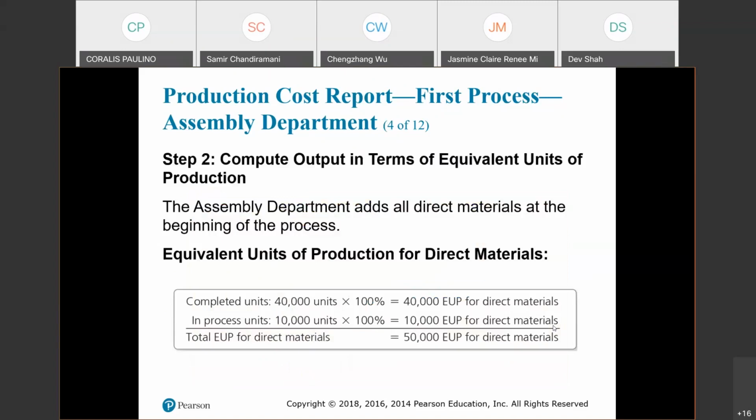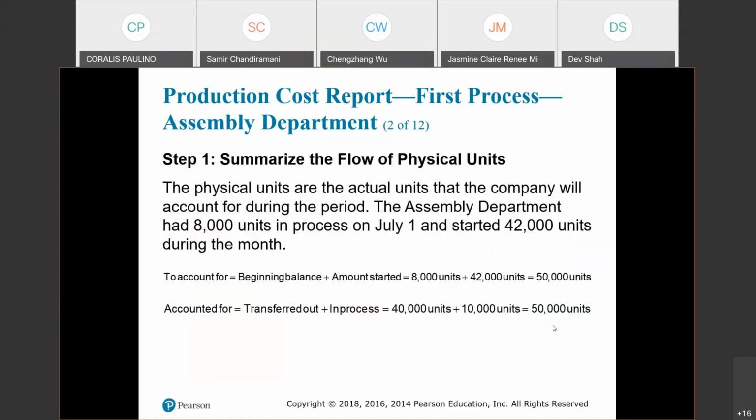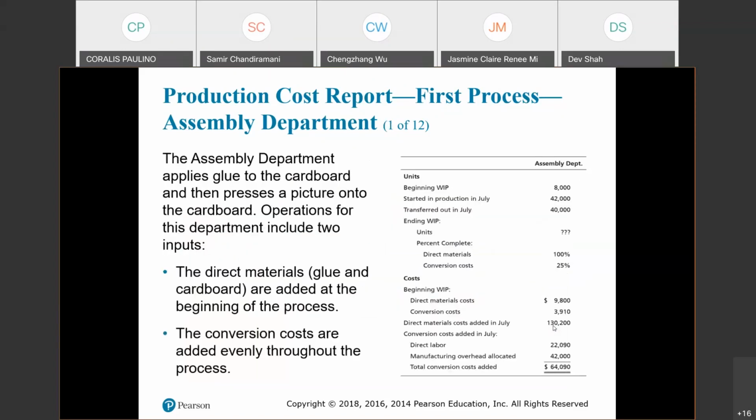We assume that for the first department, the direct materials are added at the beginning of the period.